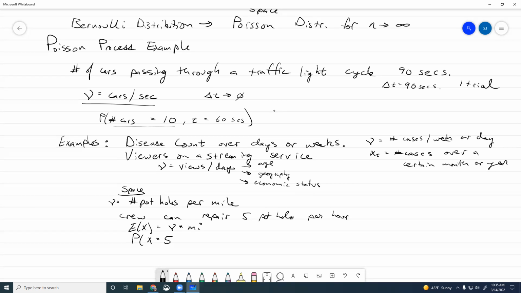And then you could start figuring out the probability that they would be able to finish their job in a certain amount of time. So you could say we have a 95% chance that there are less than 10 potholes or something like that, right? So there are some more sophisticated questions you could do.